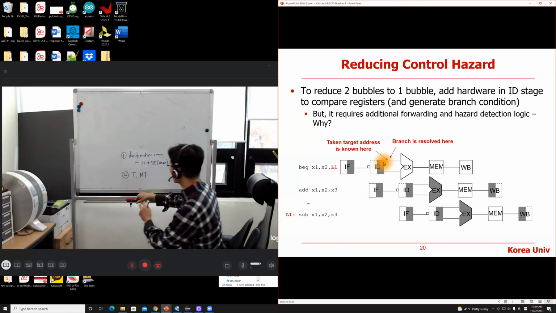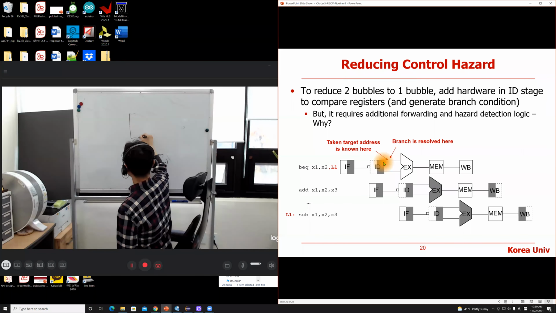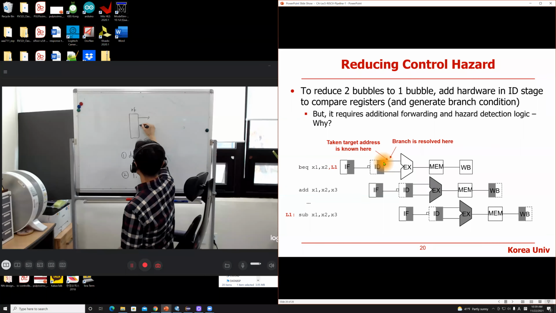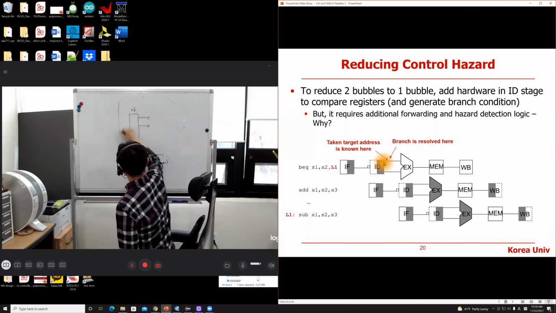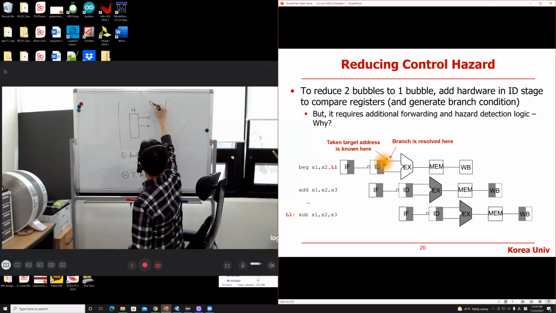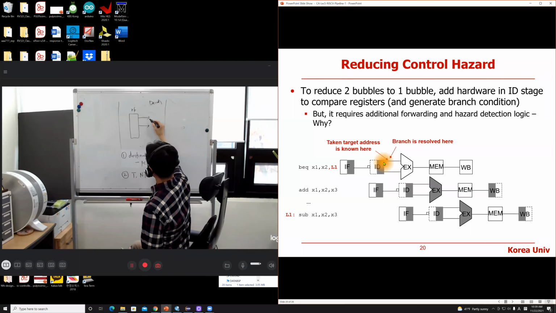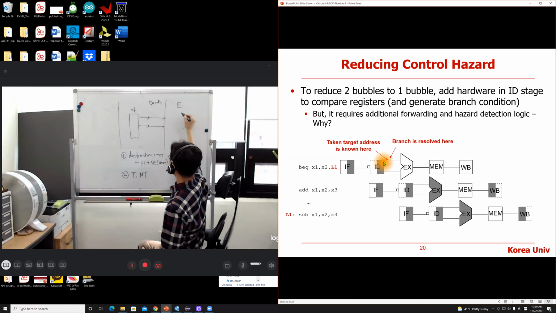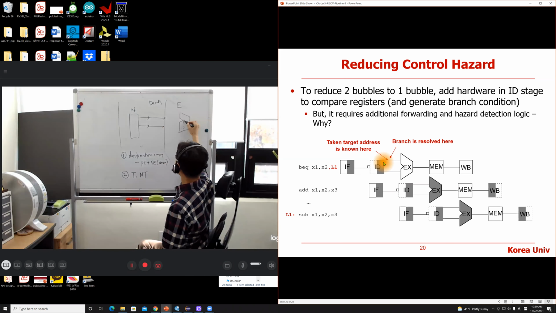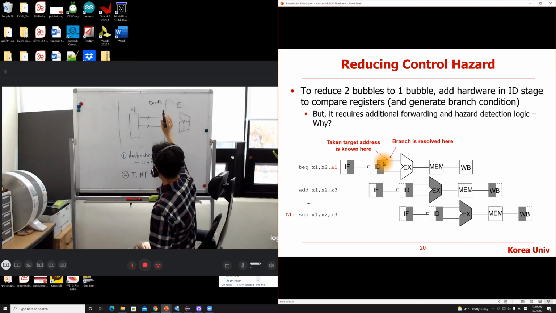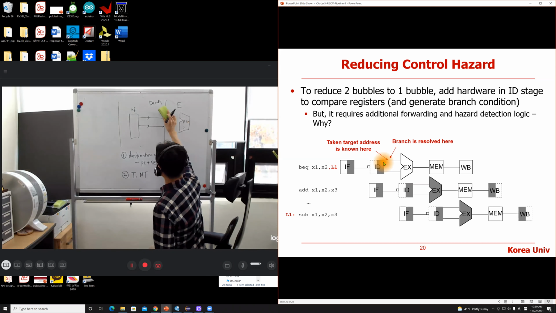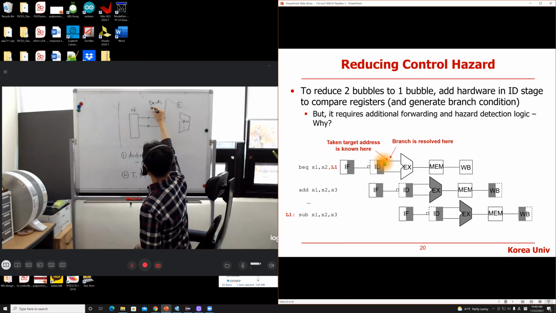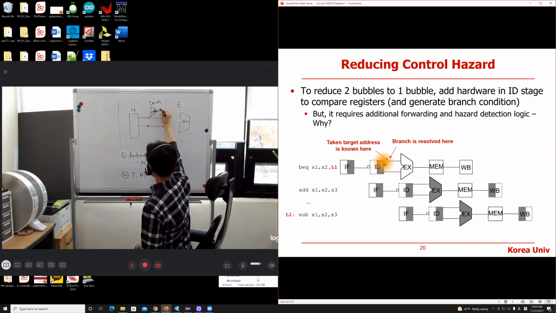So if I draw the hardware block diagram, in decoding stage you have register file reading two registers. Then taking these two, they are supposed to be passed to execution stage, where you have ALU. But to resolve branch in decoding stage, you add some hardware like adder or comparator.